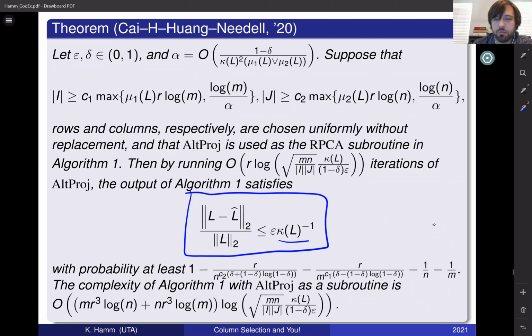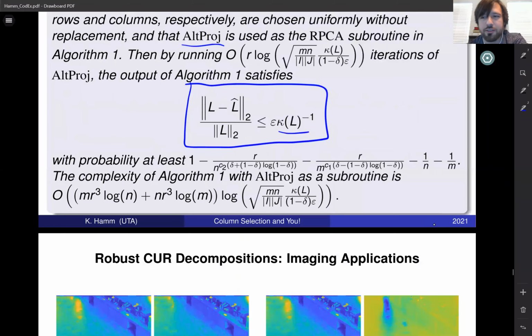The computational complexity is not huge. We used the alternating projection robust PCA algorithm. Again, there's a lot of stuff there, so I want to move on to some pictures here.